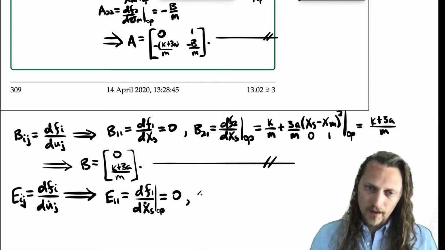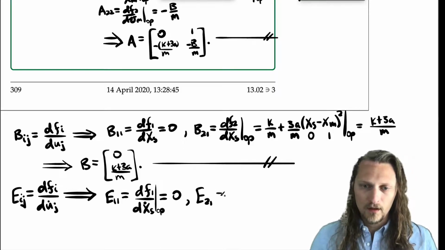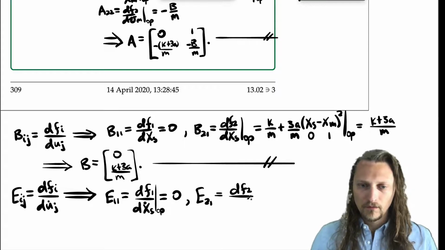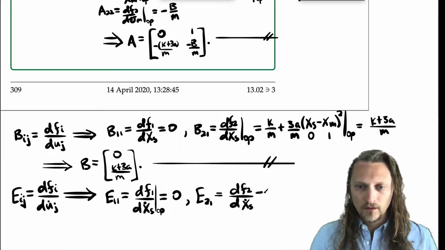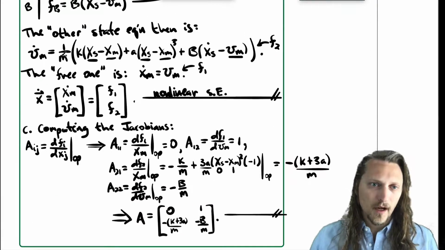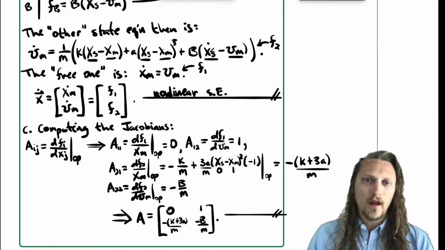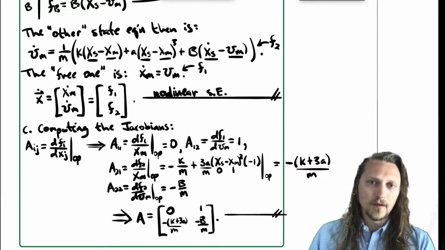And then E21 is going to be equal to df2 over dxs dot, which is equal to, if we look at f2, here we have xs dot showing up precisely once, and it has a coefficient b over m.